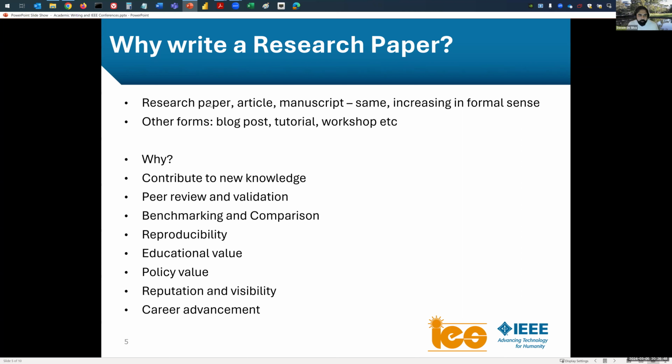It has many names: research paper, research article, research manuscript are all the same thing. It is more formal when you say it's a manuscript or an article versus a paper, because a paper can be many different things. So I prefer to use research article or manuscript, and you can also adjust your language accordingly if you like.